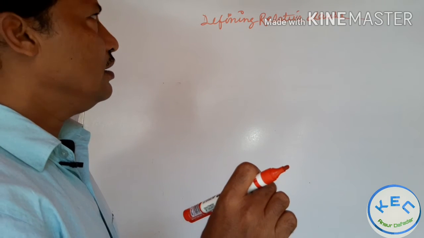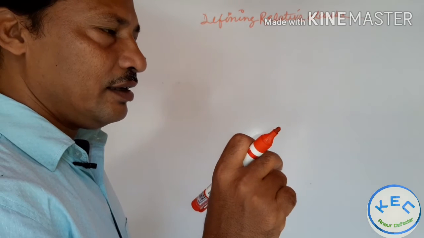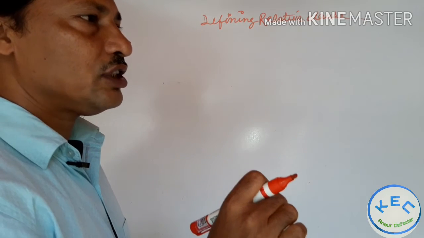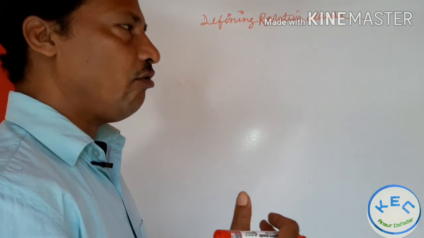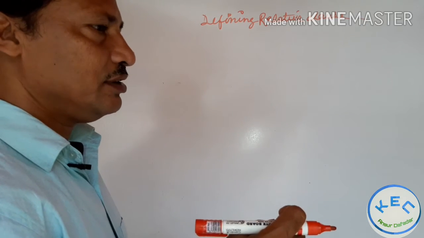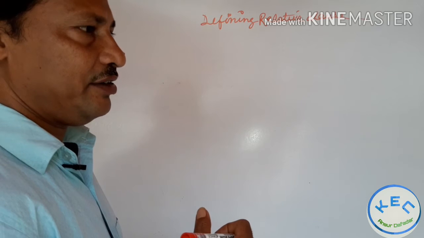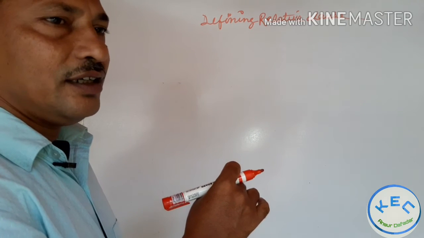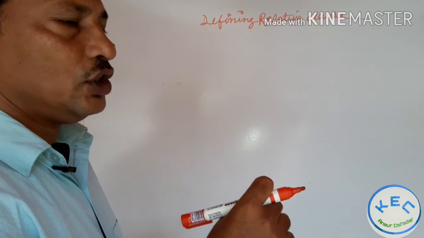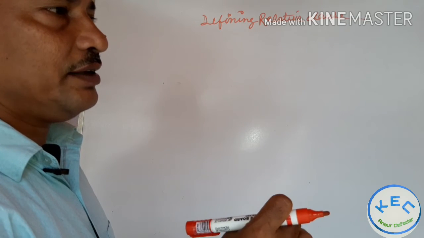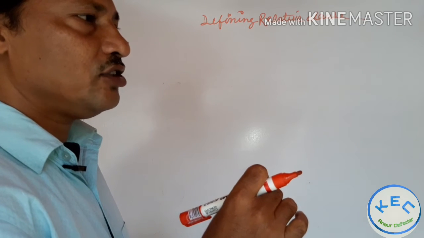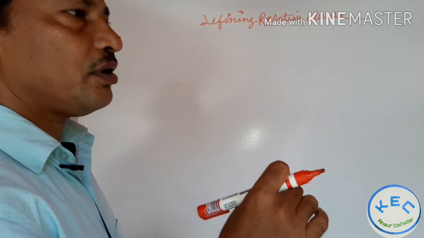It gives us information about a special feature of the noun, and it is restricted because it gives that special feature to us. It gives that special characteristics or special point or special nature of the noun.